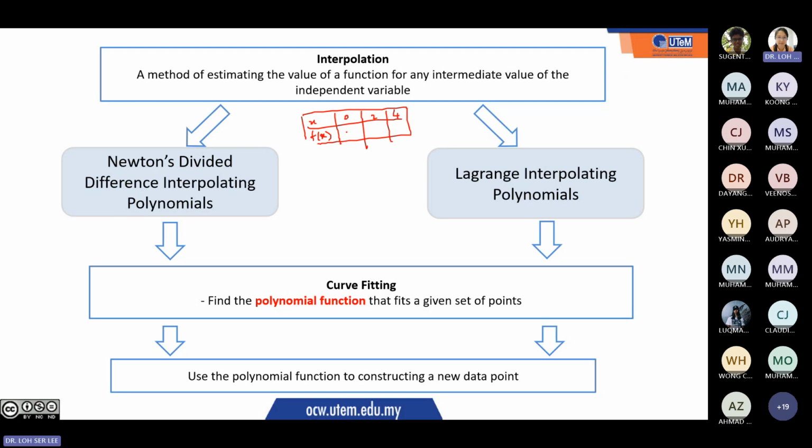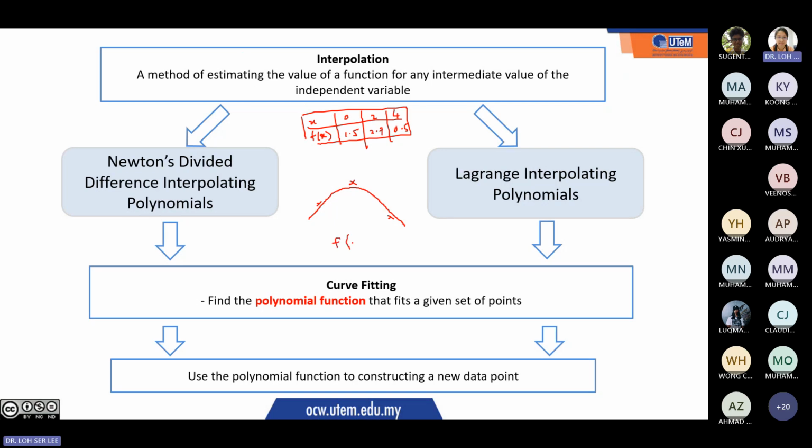Let's say this is 1.5, this is 2.7, and this is 0.5. You have these 3 data points, and once you estimate, we found that this is a quadratic polynomial.